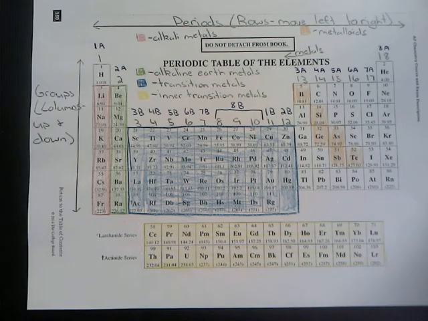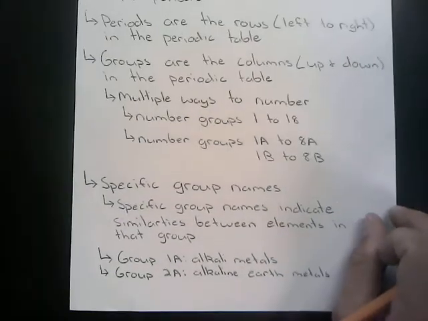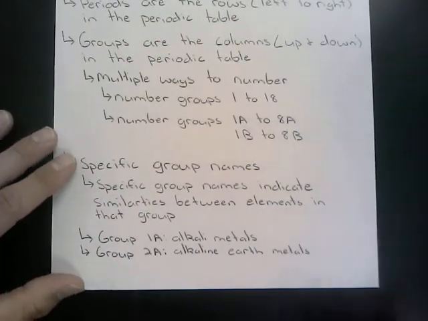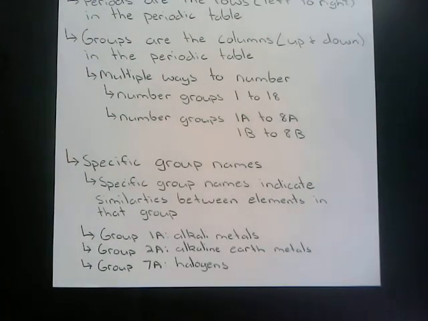Now, I do want to transition back to our notes, and I want to talk about group 7A. Group 7A has a specific name known as the halogens. And so for the halogens, what I am going to do here is highlight these in a dark pink color so that we have that labeled.